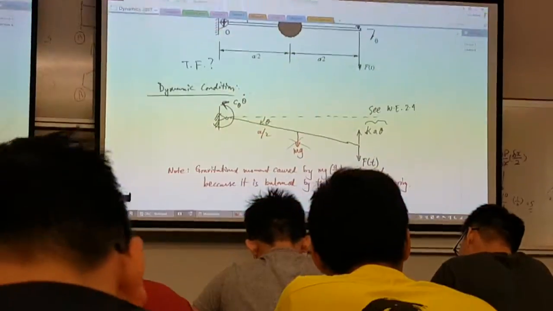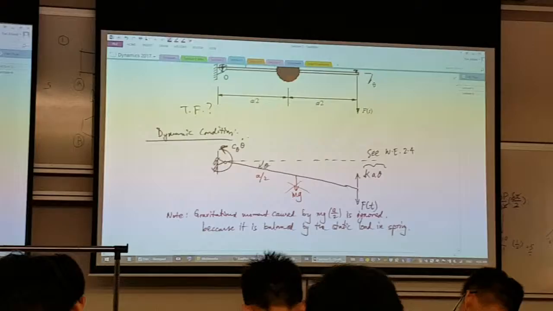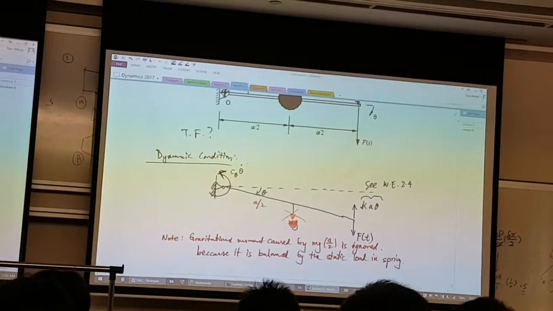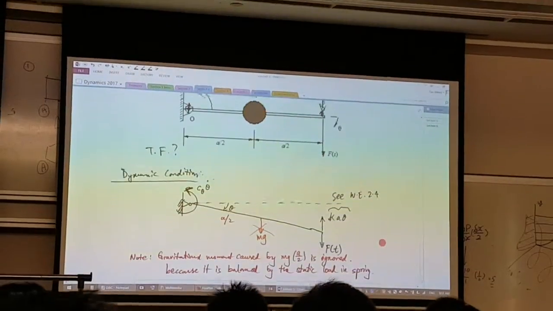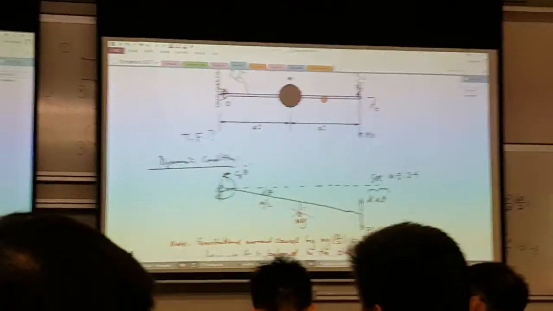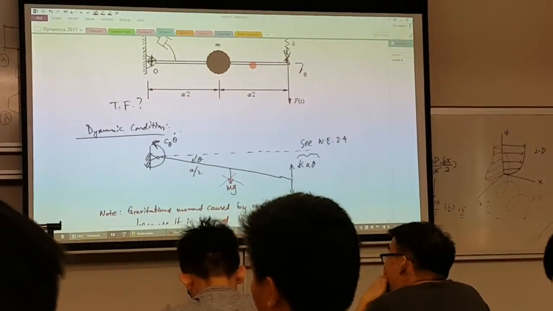So over here, if you go straight into dynamic load, you need not consider in your free body diagram that mg. That includes if the beam has got weight as well. So in this case, this beam is mass zero.